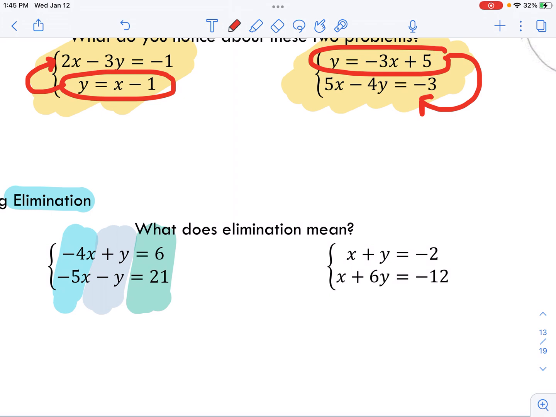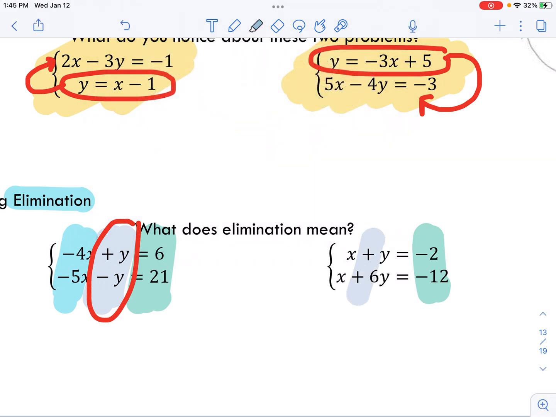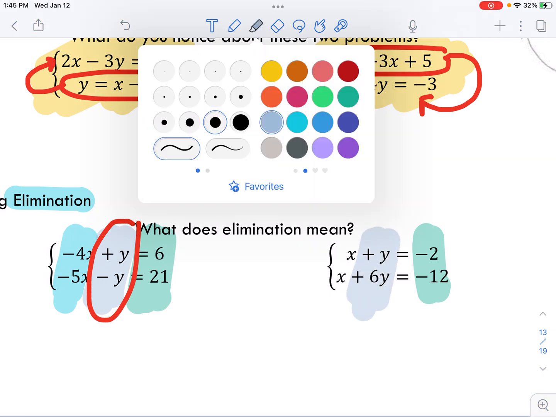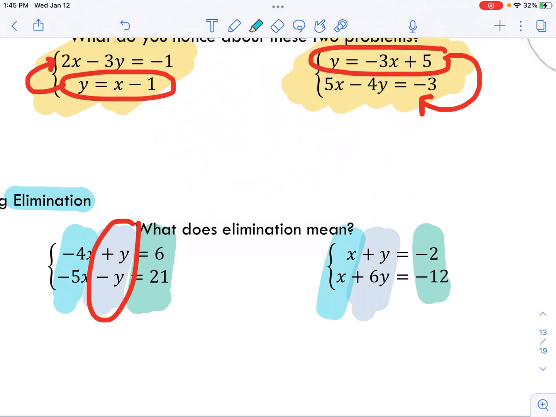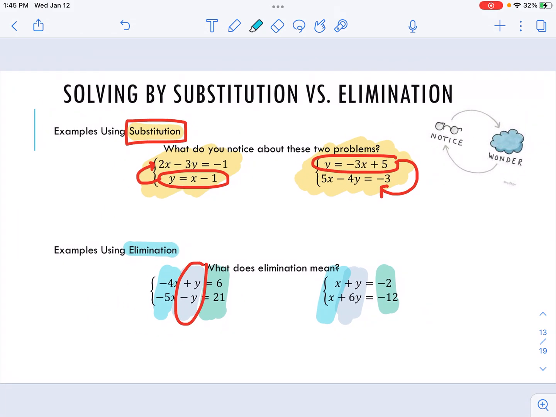And specifically, I notice that these two y values are opposites. All right, now once again, constants, all my y values, and all my x values. Now in this case, I don't notice any of them that are opposites, and that's okay, and we'll talk a little bit about how we can create a better problem that lends itself to elimination.